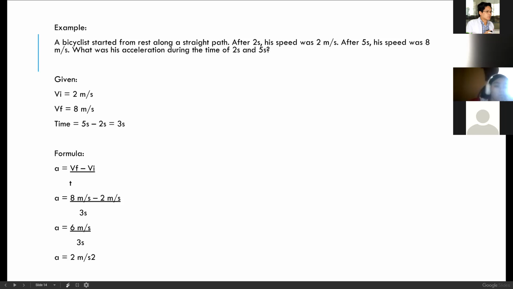Final velocity is 8 meters per second minus 2 meters per second for the initial, over 3 seconds. 8 minus 2 is 6, over 3, is equal to 2 meters per second squared. So the final answer is, the acceleration there was 2 meters per second squared.